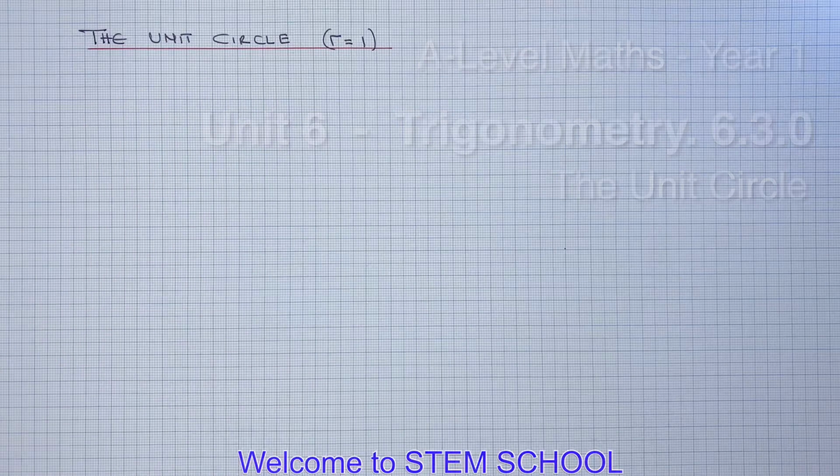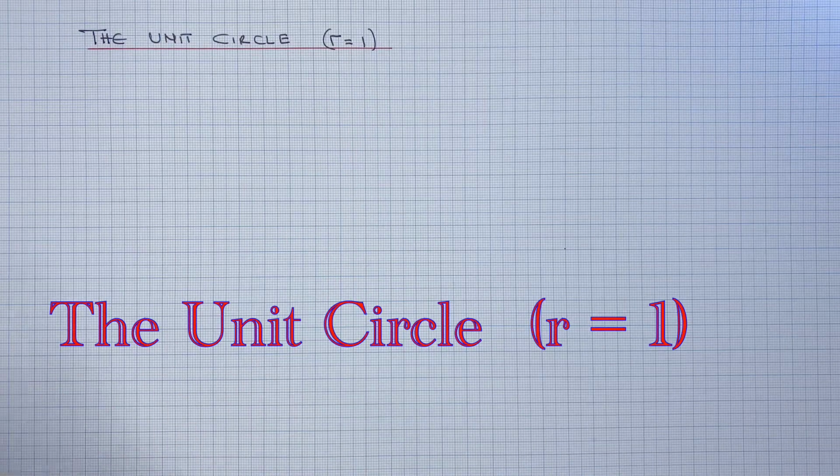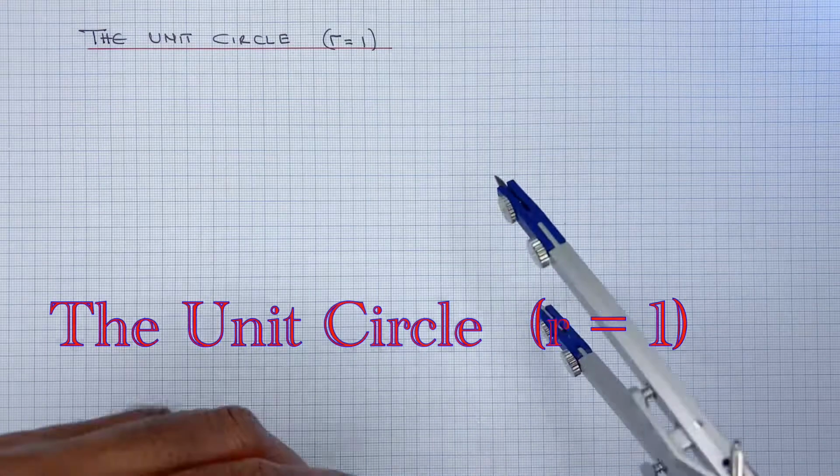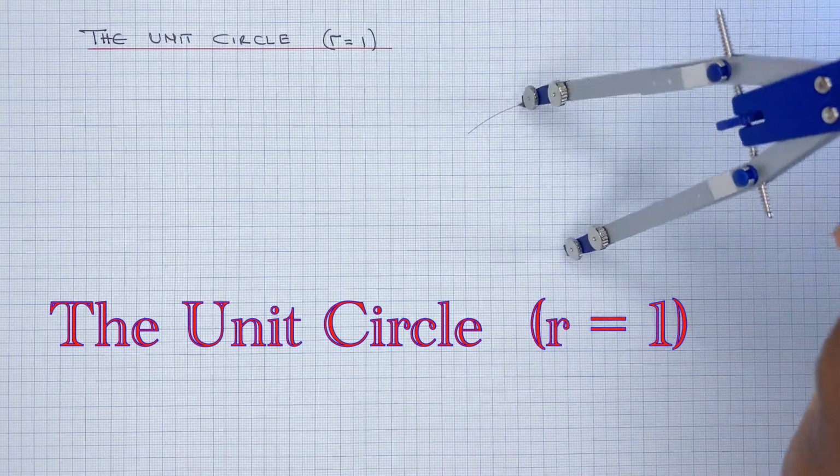The unit circle implies that the radius is 1. I'm going to draw a circle using a compass, and this is going to be a unit circle.